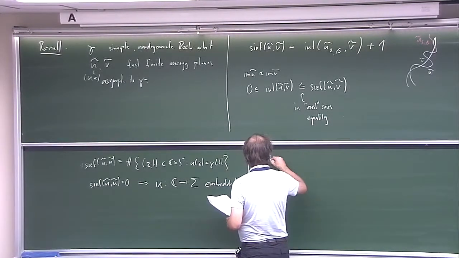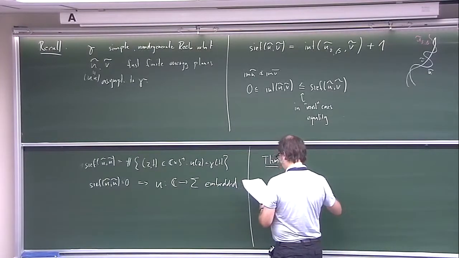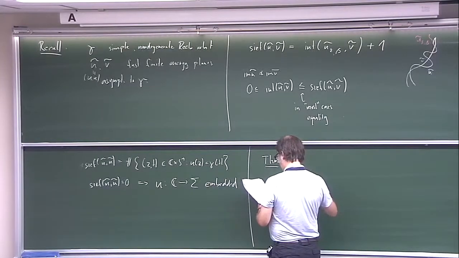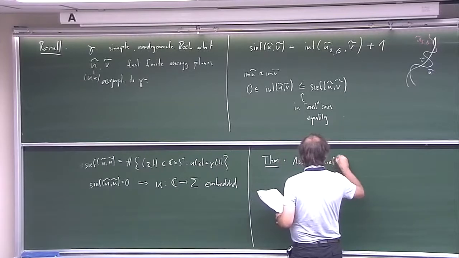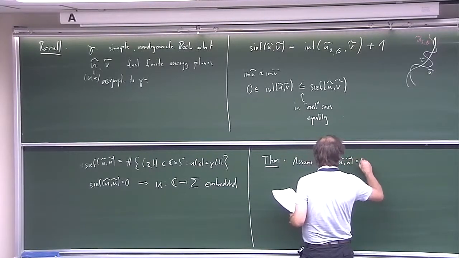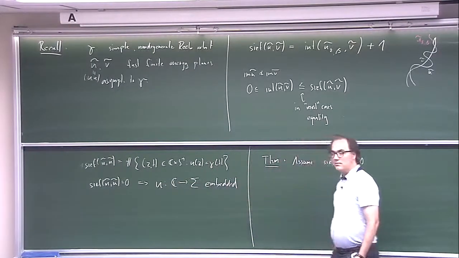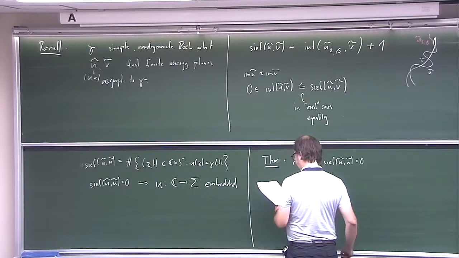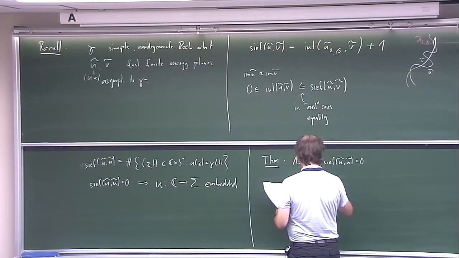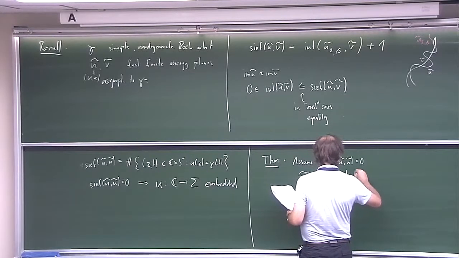Another application of Siefring's intersection number is the following. Assume Siefring's intersection number of ũ is 0, or equivalently u does not intersect the asymptotic Reeb orbit, and ṽ is homotopic to ũ.